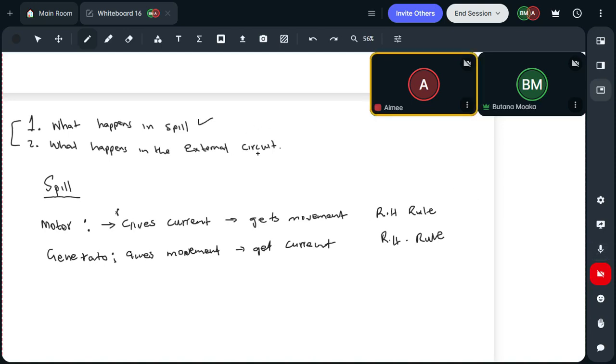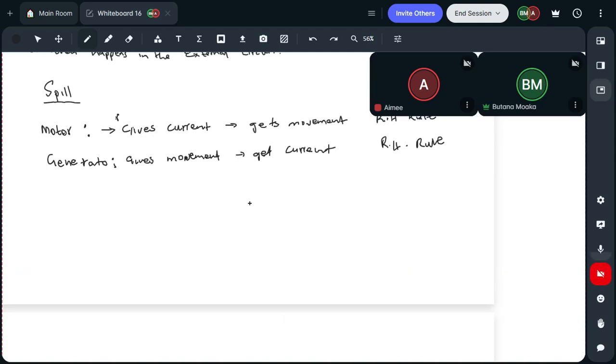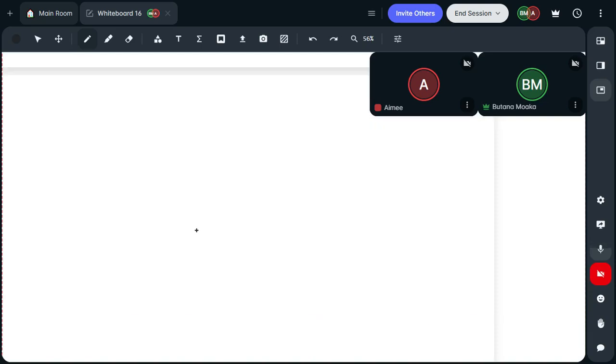What about the external circuit? Let me quickly write down the external circuit here. On the external circuit, it's very important that you understand how the current direction works. On the external circuit, it's all about the current direction.